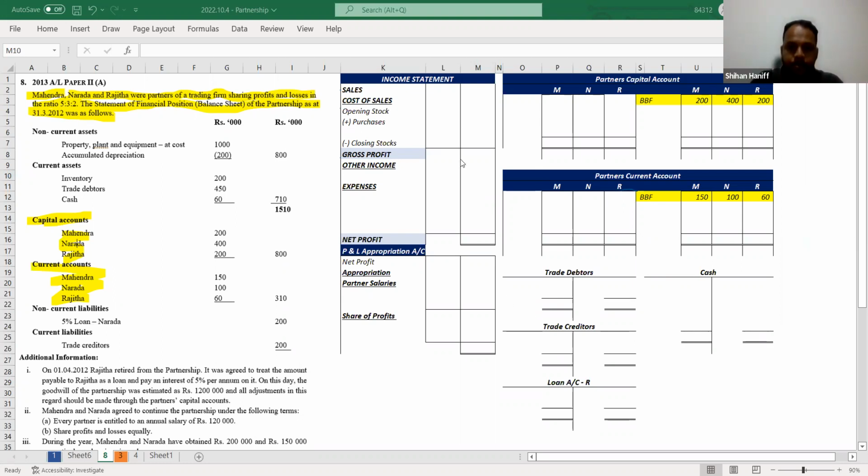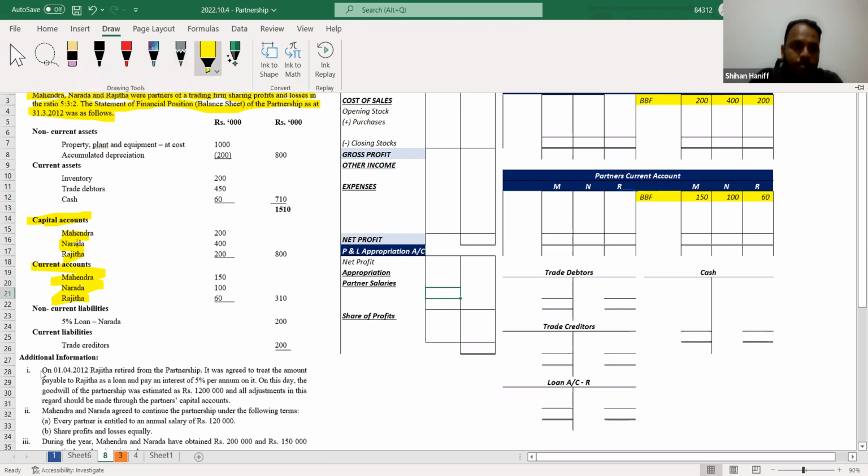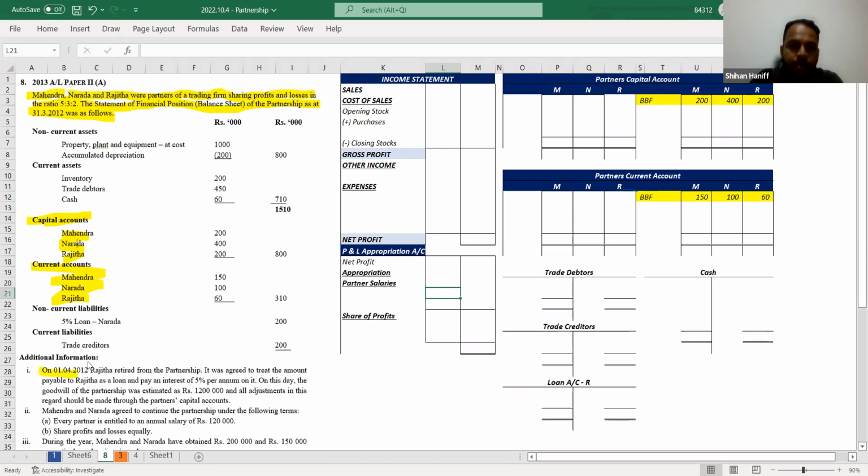Okay, so let's start. So in this question, one partner is retiring from the partnership at the beginning of the year on 1st of April. So as I always say, first draw the full format, then start with additional information. 1st of April, Rajitha retired from the partnership.